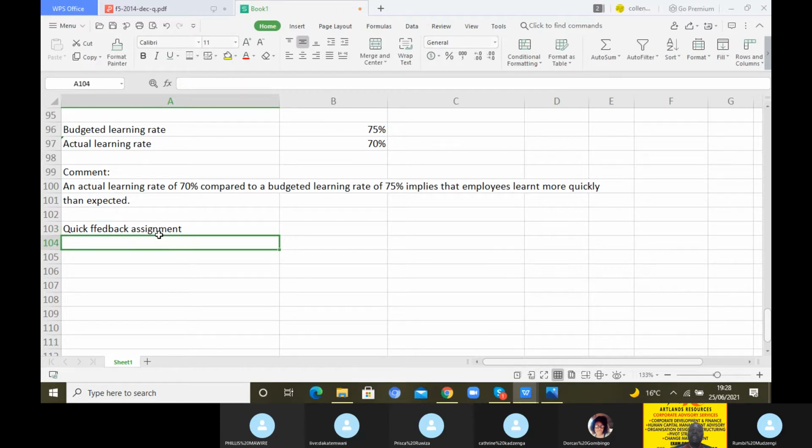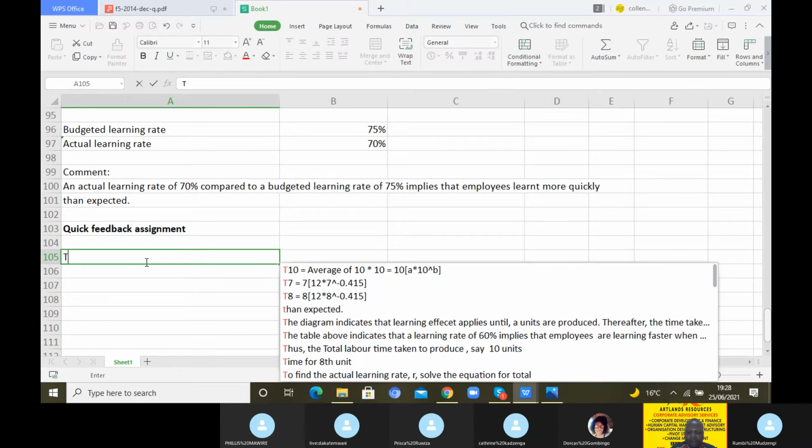It's not an assignment per se. Remember, I will give you assignments, but this one is just for you to give me very quick feedback. Make sure you submit into my WhatsApp inbox, and when I'm marking it, I will be sending you audio recordings on wherever you might have made a mistake.